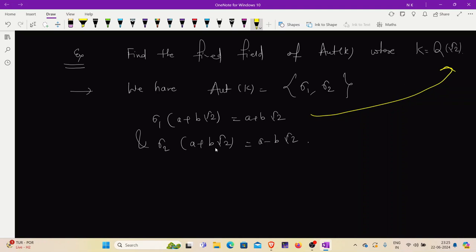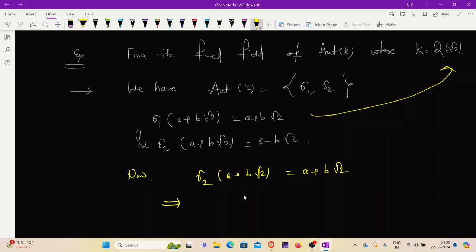Now we only want to find those elements which are fixed by sigma 2. So let's try to identify those elements. We want sigma 2 of a plus b root 2 to be equal to a plus b root 2, meaning all the elements of K which are fixed by sigma 2.